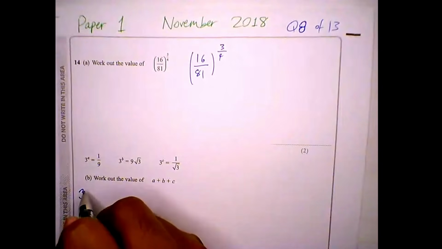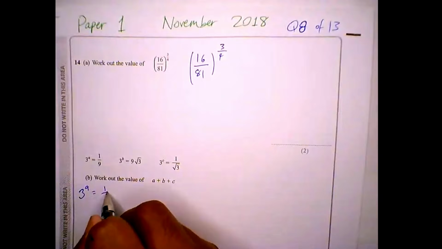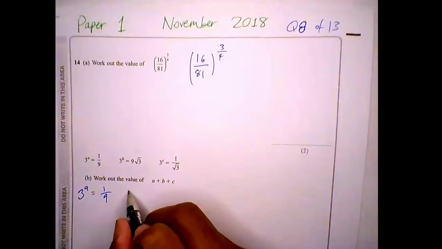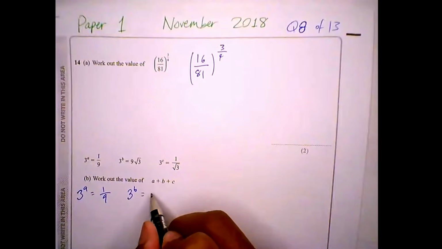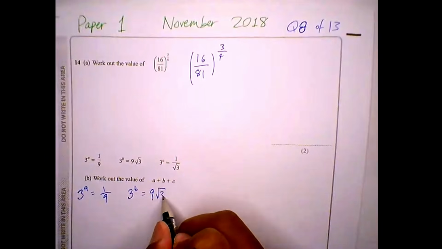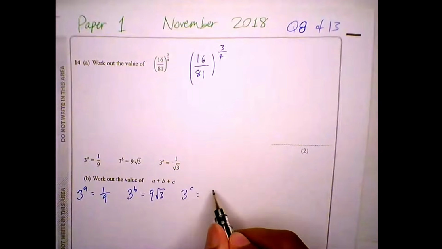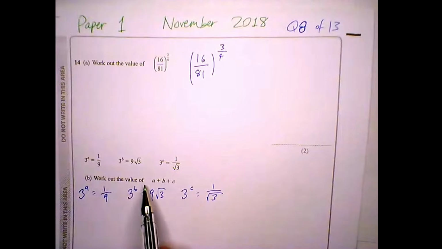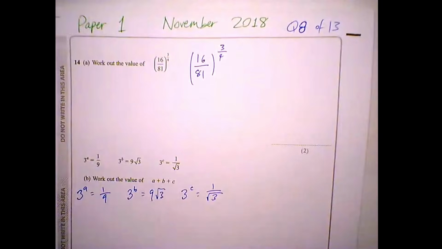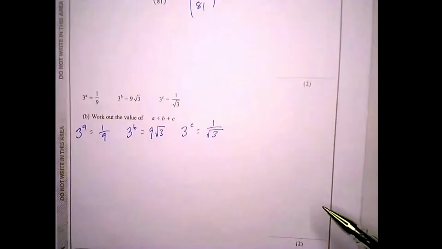I'm just going to rewrite this. 3 to the power b equals 9 root 3, 3 to the power c equals 1 over root 3. Work out the value of a plus b plus c. And both of these questions are worth 2 marks each.